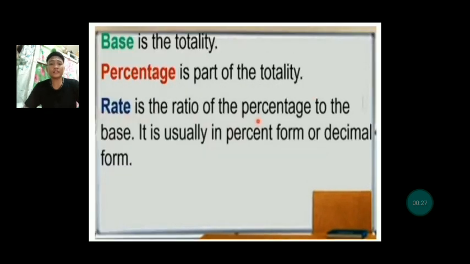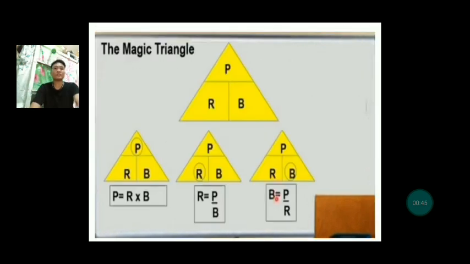Base is the totality, percentage is the part of the totality, then rate is the ratio of the percentage to the base. It is usually in percent form or decimal form. So this is the magic triangle, or shall we say formula. P is equal to R times B.